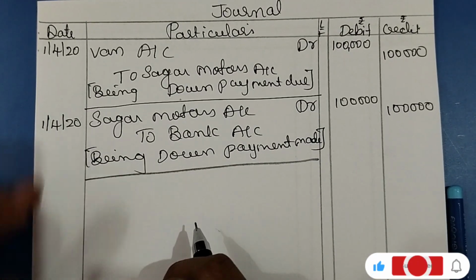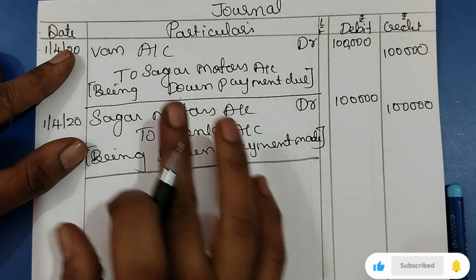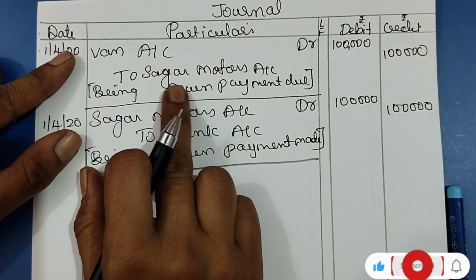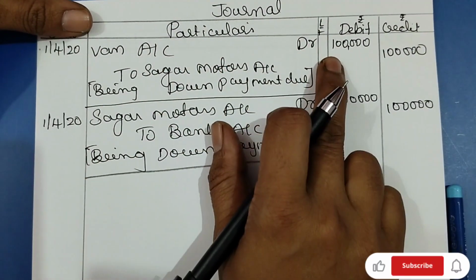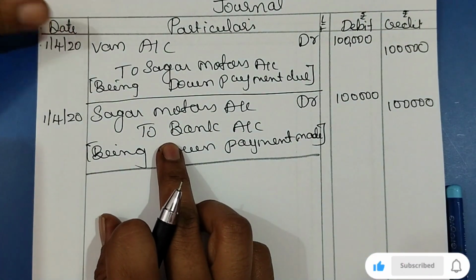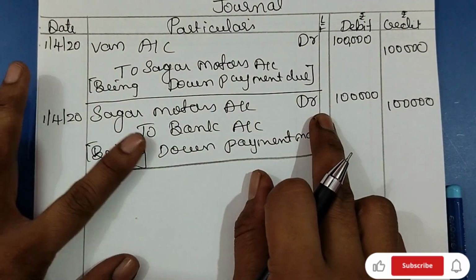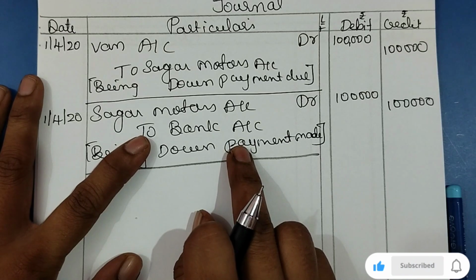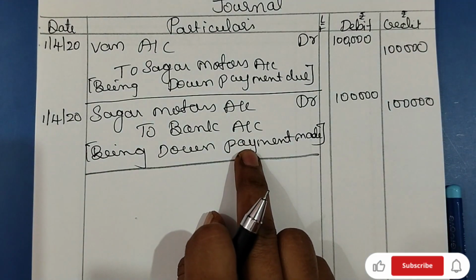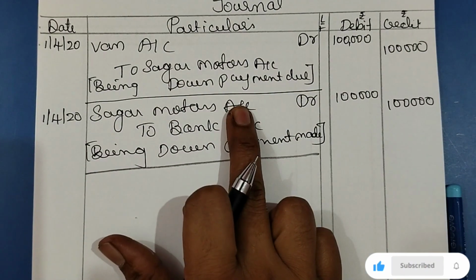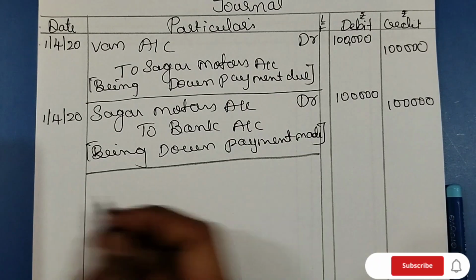At the time of purchase in the first year, we made only the down payment and received the van. So we debited van account, and we made the payment by debiting Sagar Motors and crediting bank account. Bank also comes under the personal account. Debit the receiver, credit the giver.